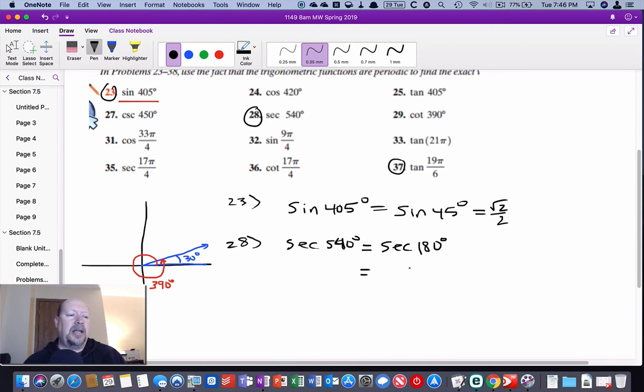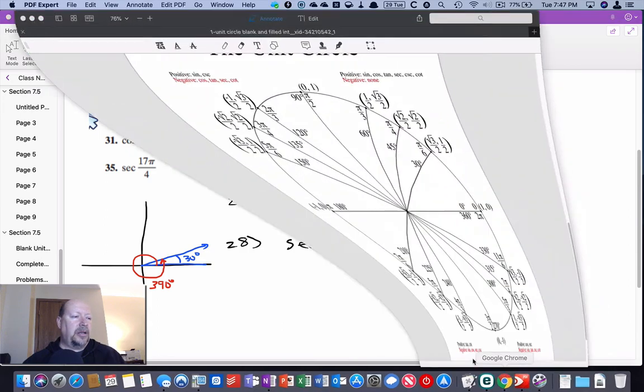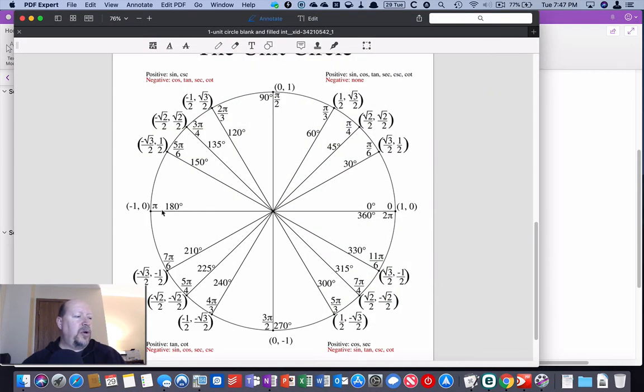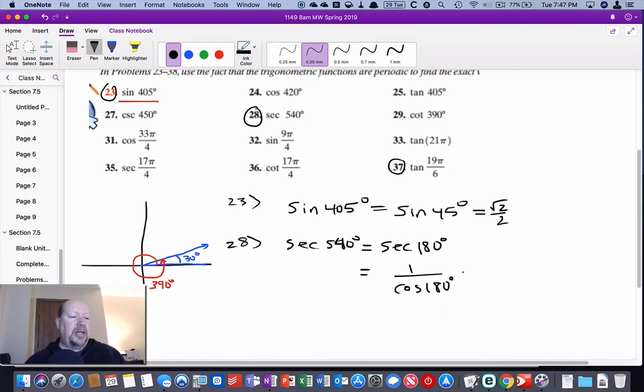So the secant of 180 is the same as 1 over the cosine of 180. What's the cosine of 180? If you're not sure, take a look at the unit circle. Here's 180. The cosine is the x-coordinate, so negative 1 is the cosine of 180. So this is 1 over negative 1, which is negative 1. So the secant of 540 is equal to negative 1. We just used the periodic nature of the trig functions to get that.